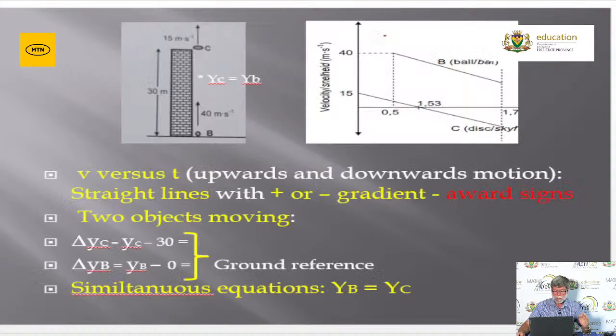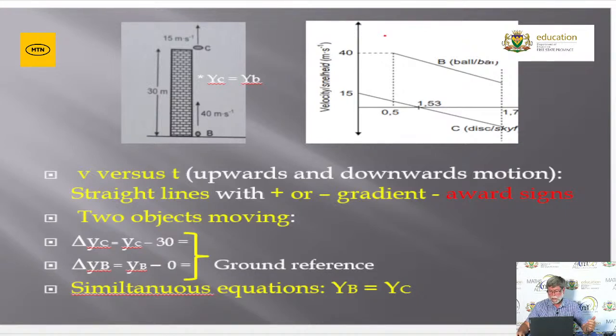Now going to graphs on projectile motion. Graphs can be very challenging, and especially in the last few years they have made use of a scenario where more than one object is being thrown up, so objects B and C, for instance, in this graph.